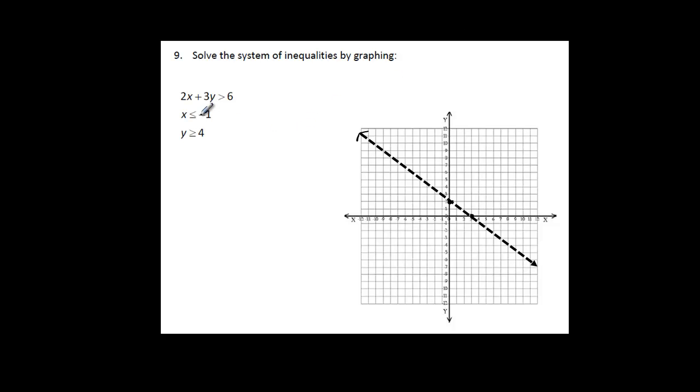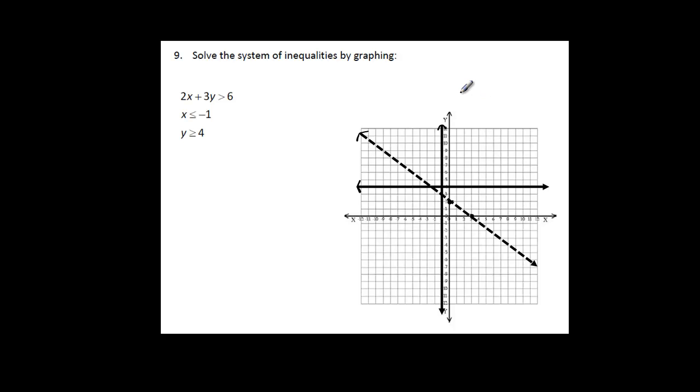Let's do the second one. X is less than or equal to -1, so that's going to be a vertical line, and it's bold because it's possibility of being equal to. So -1 is here, it's a vertical line. Put on the arrow. And then y is greater than or equal to 4. That's going to be a horizontal line that goes across 4.